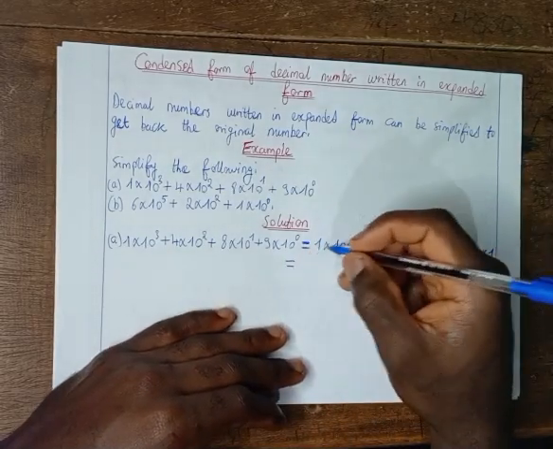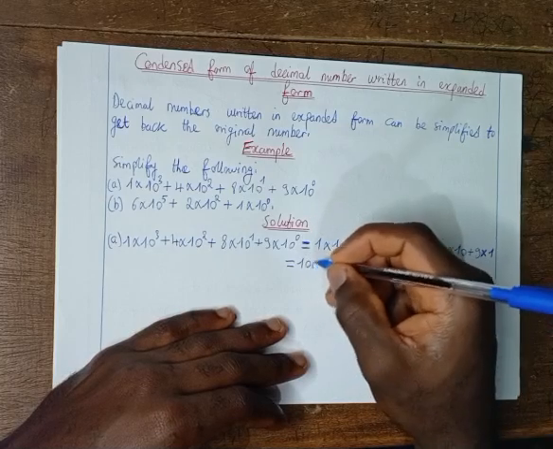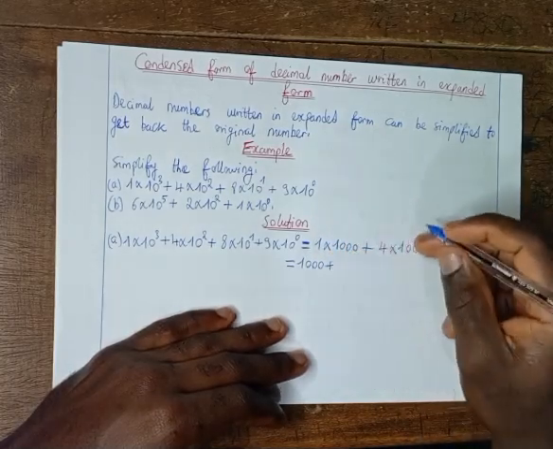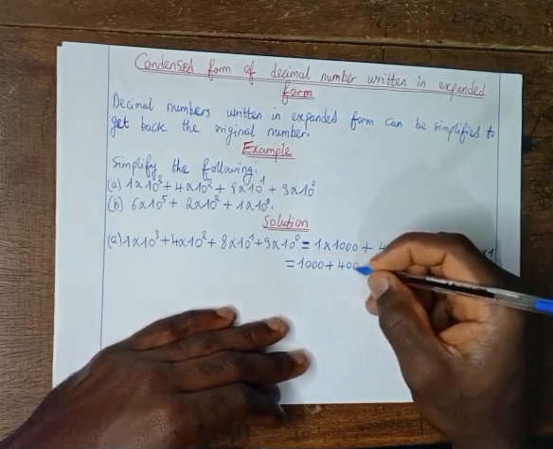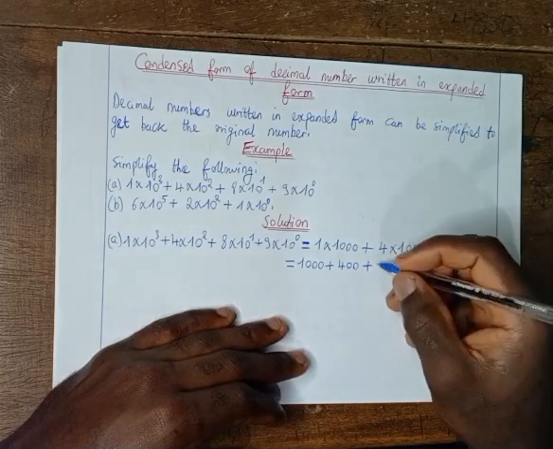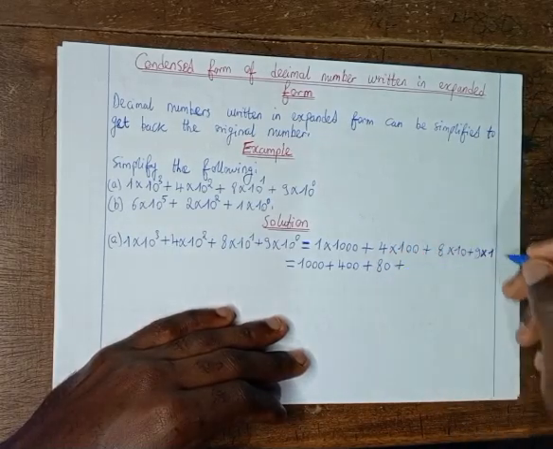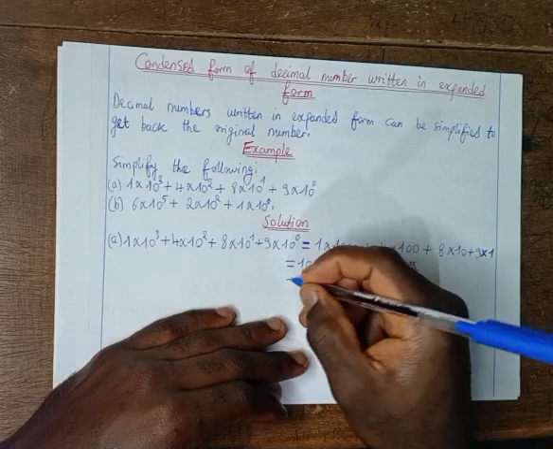This will be equal to 1 times 1000 remains 1000, plus 4 times 100 gives us 400, plus 8 times 10 is 80, plus 9 times 1 is 9.